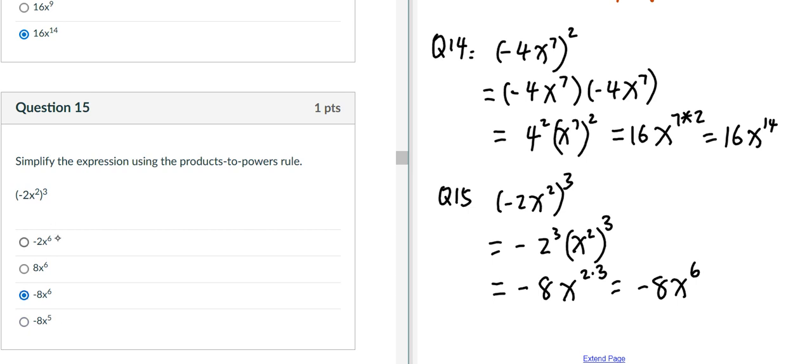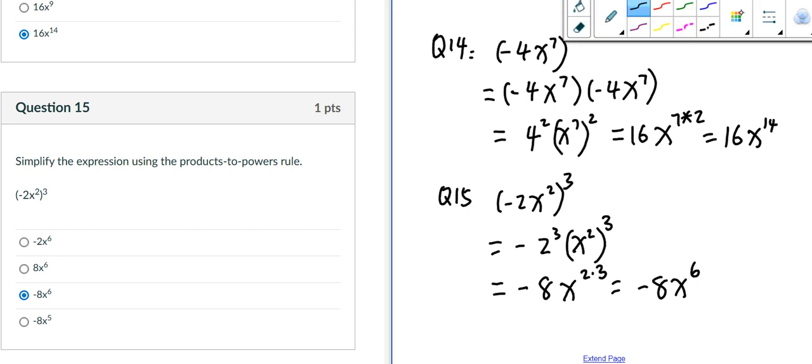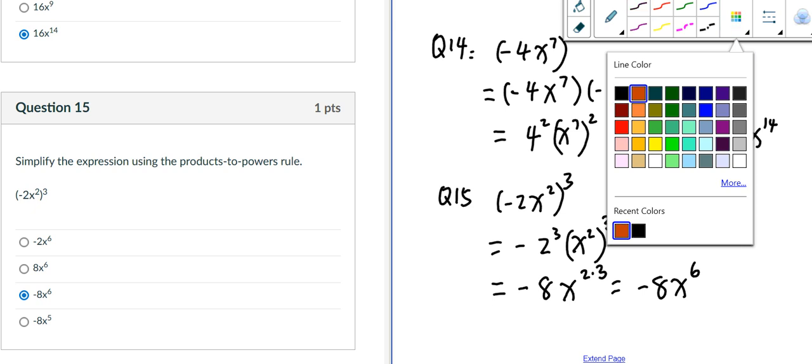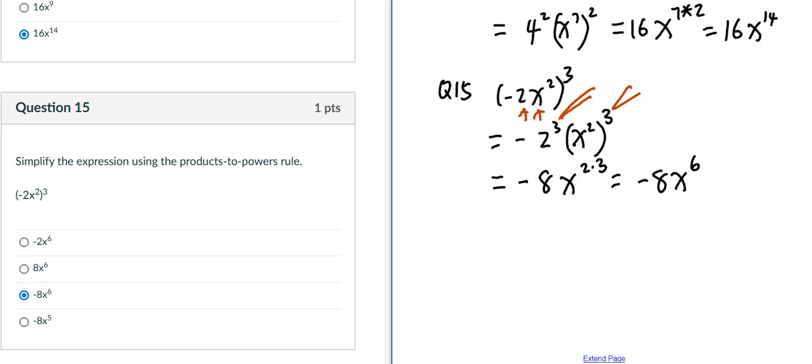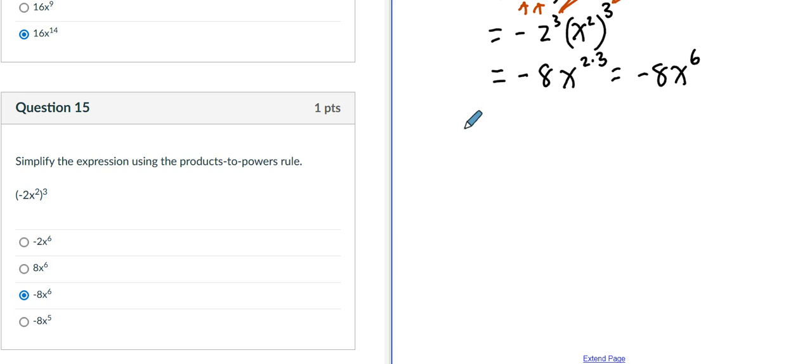This one only has x squared getting the exponent, but negative 2 did not get it. That's wrong. Equal rights for both 2 and x squared, equal rights to get the exponent here and here. Okay? All right. Keep going.